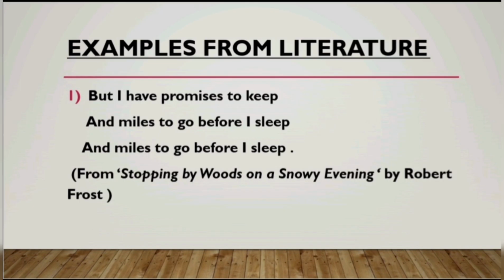Let's have a look at some examples of repetition from literature. But I have promises to keep, and miles to go before I sleep, and miles to go before I sleep.